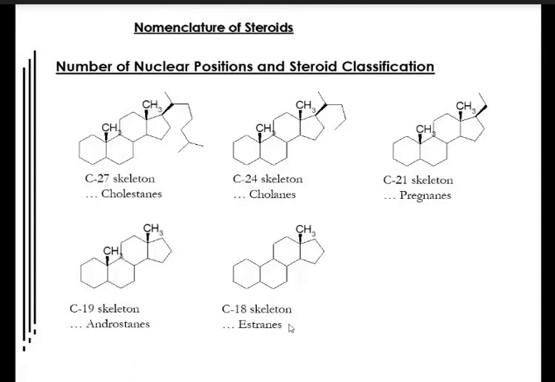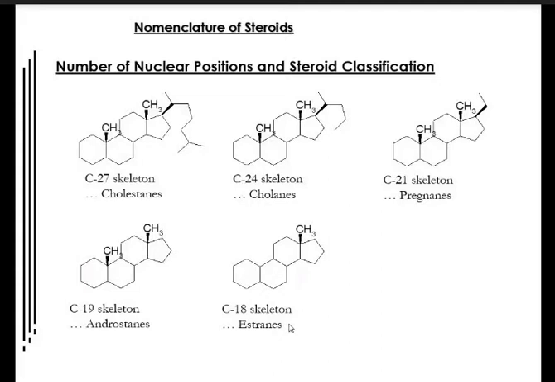The steroid hormones now fall into these groups. Either they have 21 carbon atoms, or 19 carbon atoms, or 18 carbon atoms.